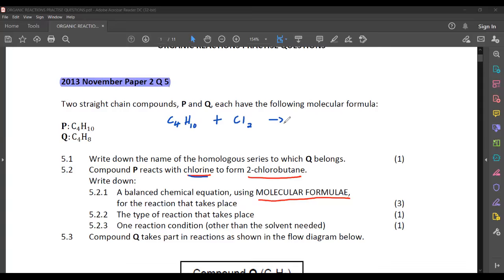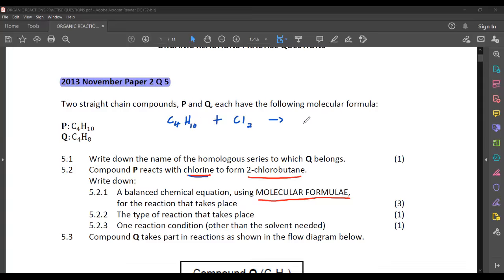The question says to write down a balanced chemical equation. If it's substitution, Cl will take out one H from C4H10. Where one of the H's is gone, I replace or substitute it with a Cl, and the H that I replaced goes to the other Cl.